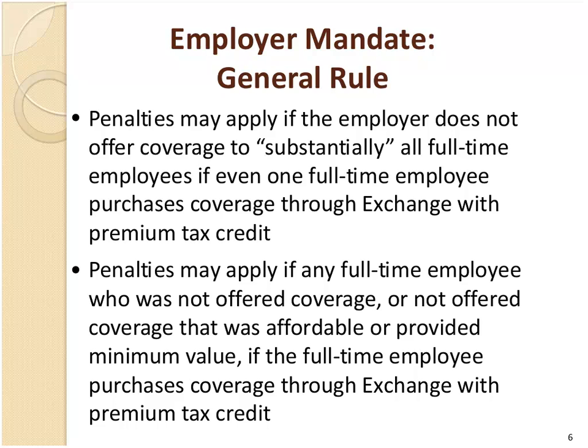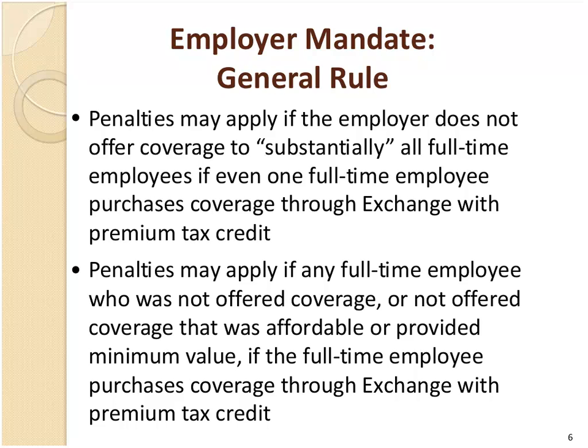The A penalty is the first penalty. It's sometimes referred to as the A penalty because there's an A in the code section. This penalty is imposed if you fail to offer coverage to substantially all full-time employees. Well, what is substantially all? Substantially all is 95%.